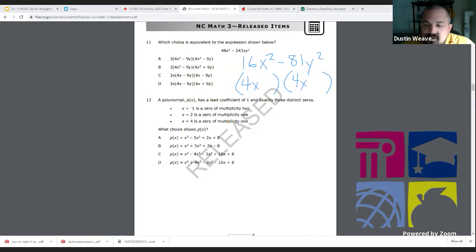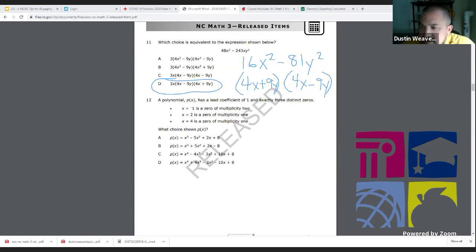Remember, we want the square root of both of them. So we got the square root of 16x squared is 4x. The square root of 81y squared is 9y. So we're going to say plus, and we say minus. Remember, when you do a difference of squares, you take the square root of them, and you say plus, and you say minus. And so that gives us D.